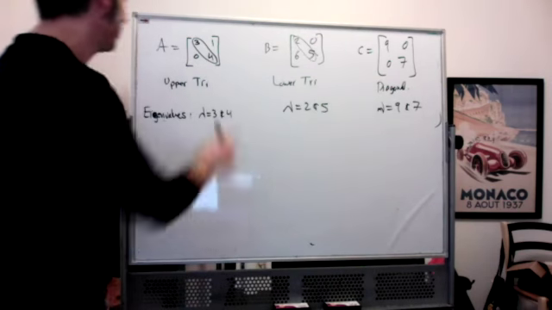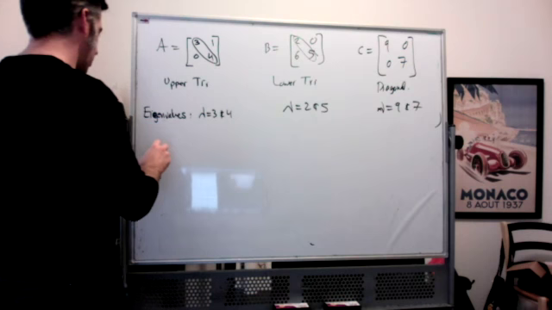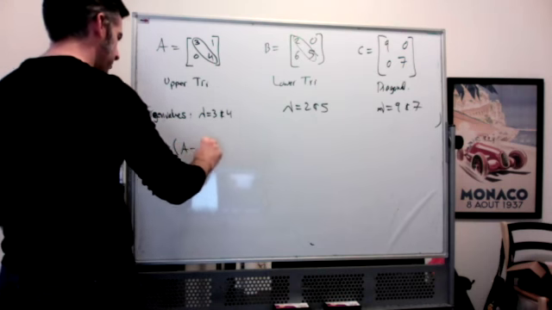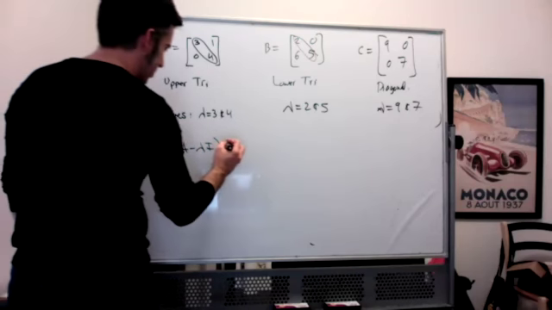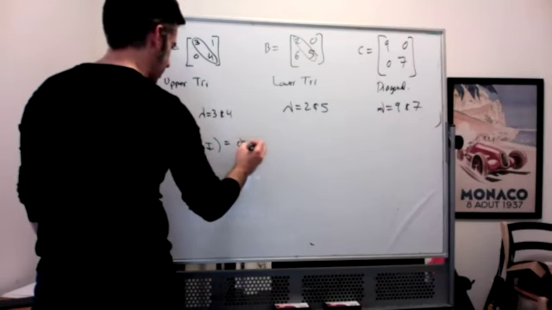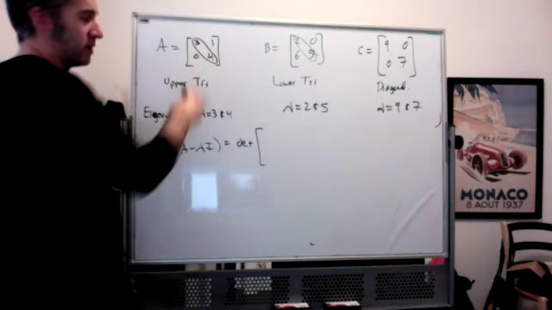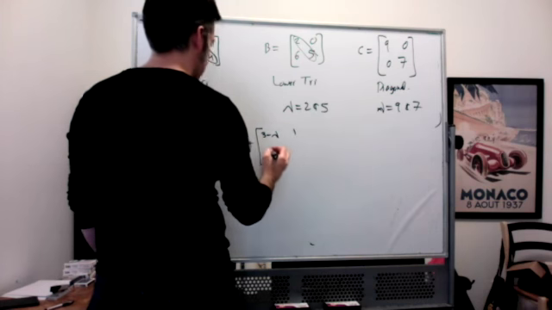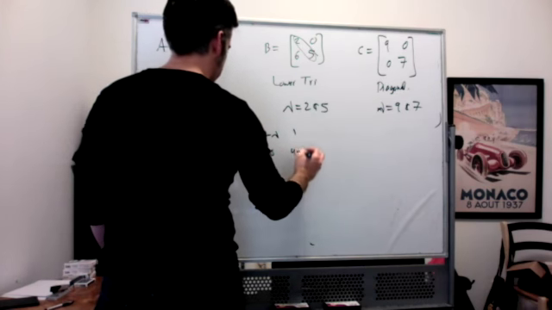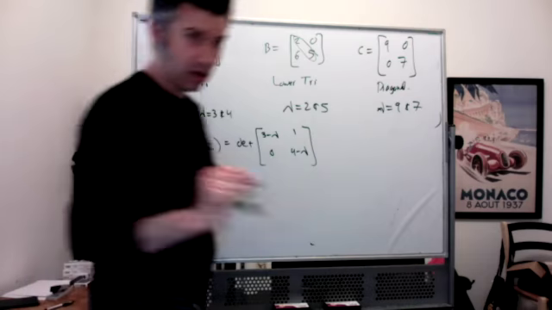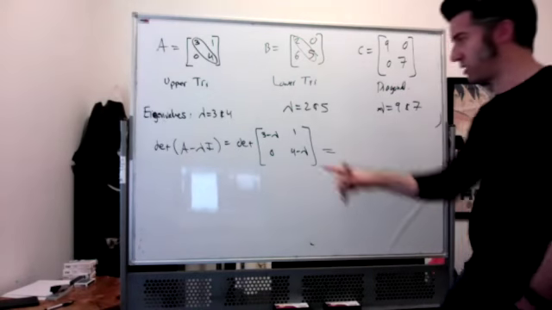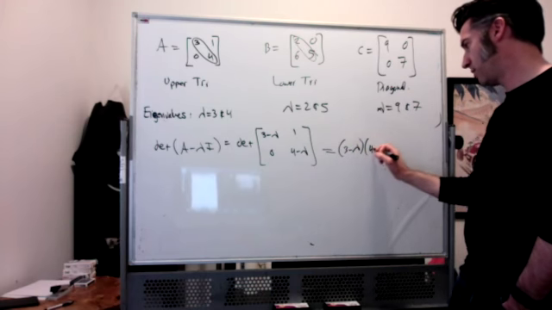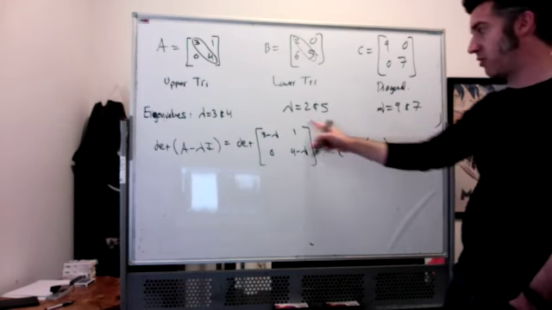Let's see why. Let's look at this matrix here. If I was going to do the determinant of A minus lambda I, it's going to be the determinant of this matrix with minus lambda on the diagonal. So 3 minus lambda, 1, 0, 4 minus lambda. But now look, the determinant of this matrix is the product of the diagonals, 3 minus lambda times 4 minus lambda, minus the product of the off diagonals.